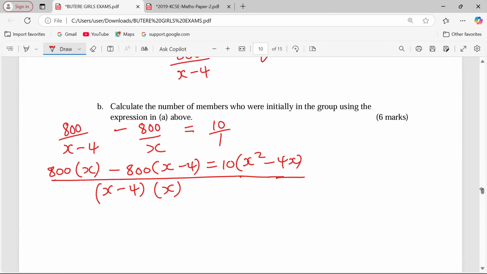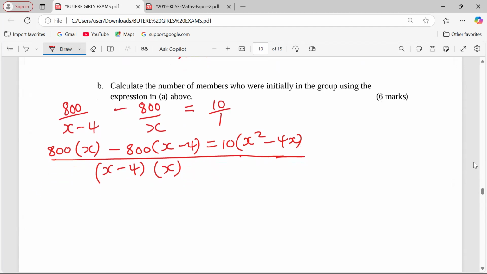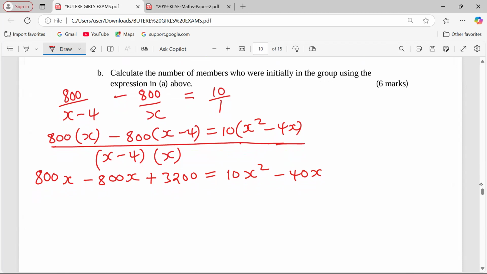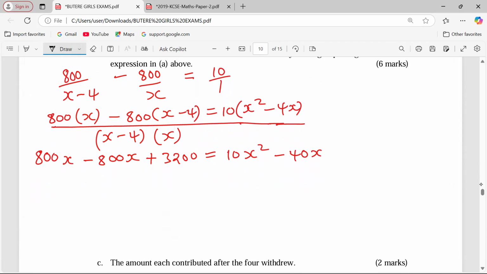Now we can drop the LCM and we simplify. 800x minus 800x, then positive 3200. Negative 800 by negative 4 becomes positive. Equals 10x squared minus 40x. Let's work with the grouping of terms now. So at this point, 800x minus 800x goes.